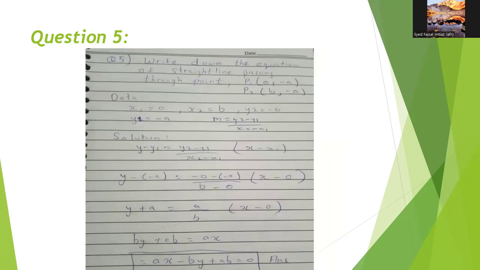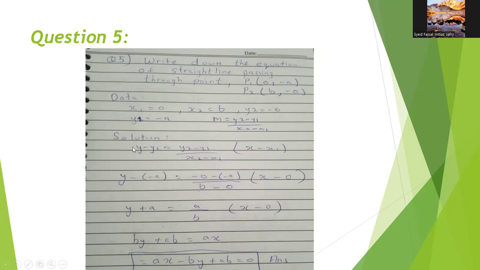Now, question number 5. Write down the equation of the straight line passing through the points. Straight line means you need to make an equation. This is P1 and P2. 0 is x1, minus a is y1, b is x2, 0 is y2.